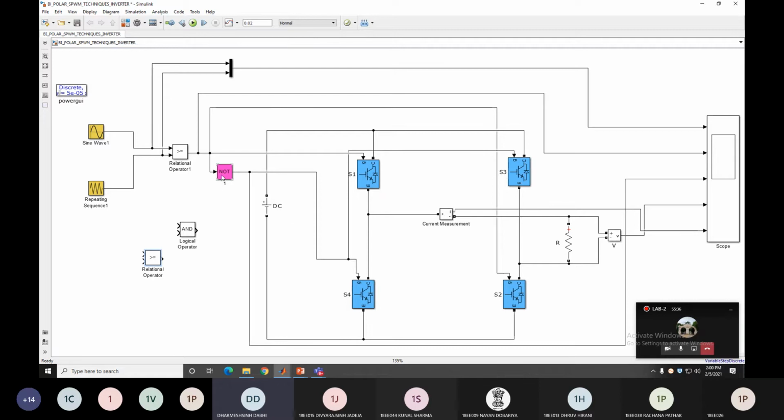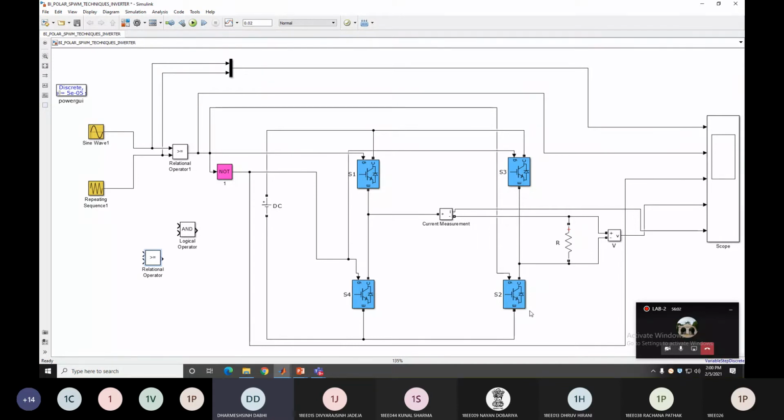You can see that through this NOT logical operator, I apply the gate signal to S4 and S3. It means whenever S1 and S2 are on, at that time S3 and S4 are off. But when S3 and S4 are on, S1 and S2 are off.